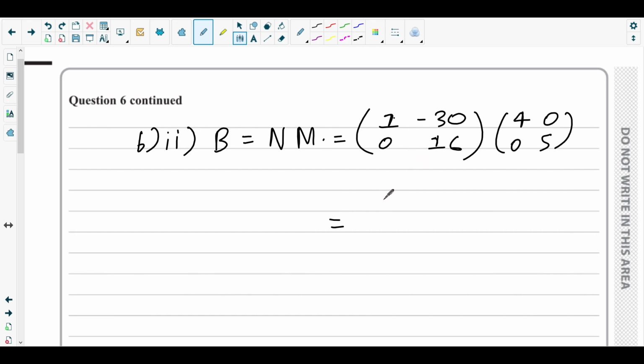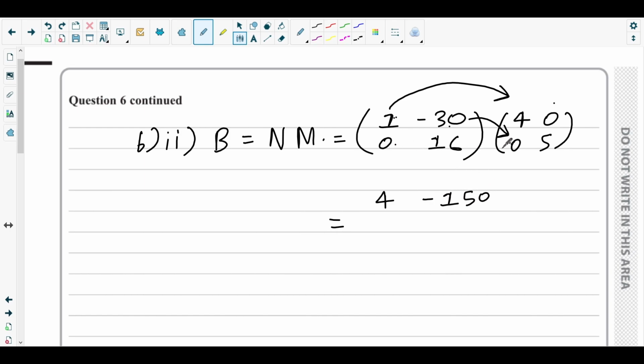So 1 times 4 is 4, -30 times 0 is 0. Basically row to column, right? That's how we multiply. So 1 times 0, -30 times 5, it is -150.